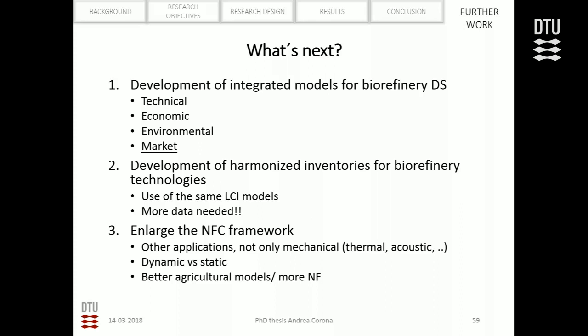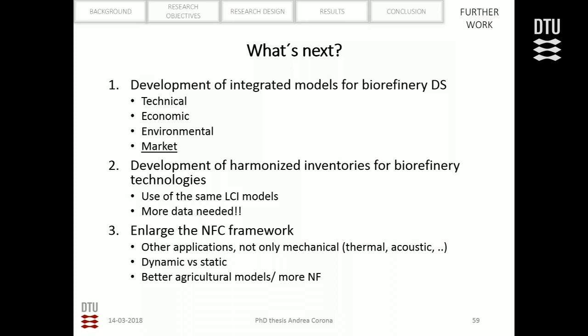The second point that I thought about is about developing harmonized inventory for biorefinery technologies, because I can see this topic very similar to what has been done in the waste LCA. So at the beginning, we looked and developed inventories and LCA studies on specific technologies.